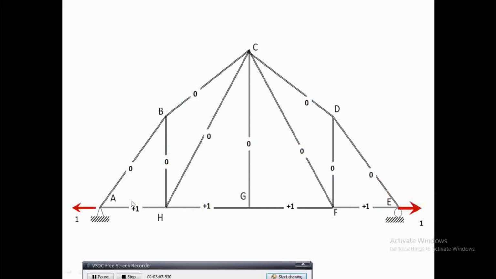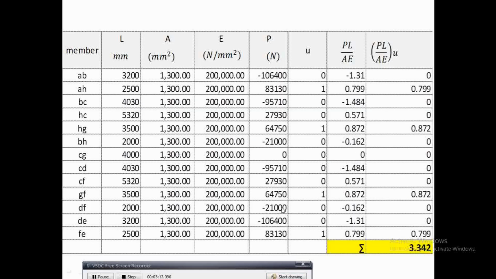So, after na nakuha natin yung mga values for each member, next is we're going to draw a table. Okay. Again, I'm using table to lessen my confusion. So, in here, the member, again, kinupya ko lang yung table dun sa may kanina. Then, itong P na to, this will not change. This P, nakuha natin using method of joints and sections due to the external loadings.